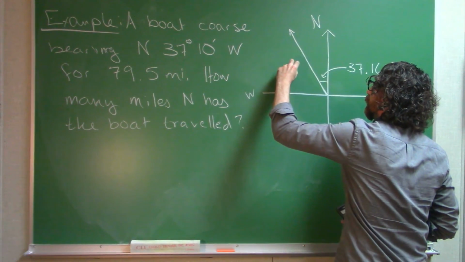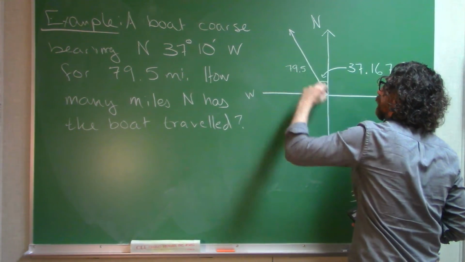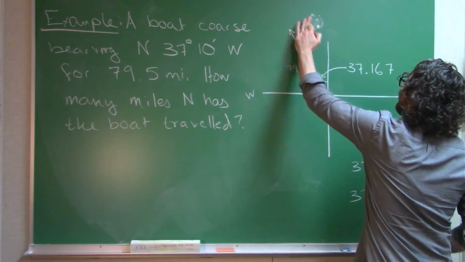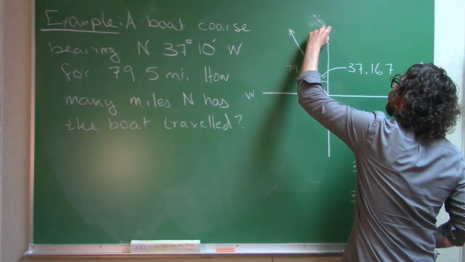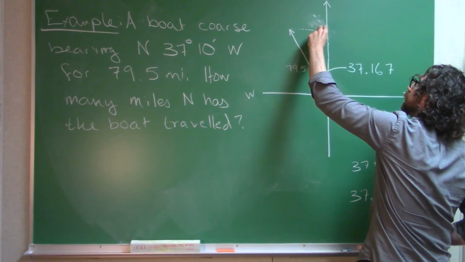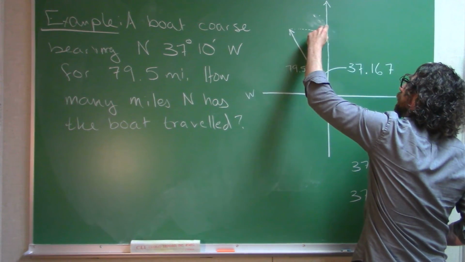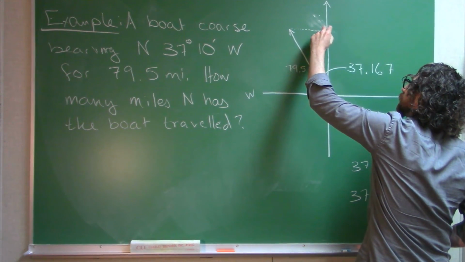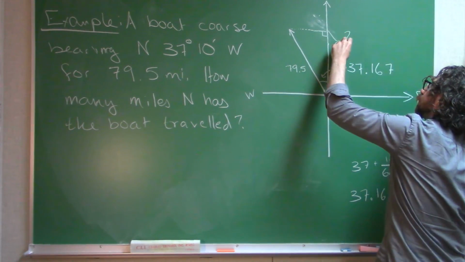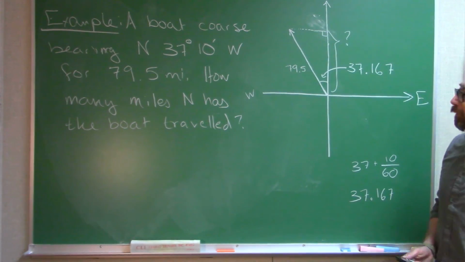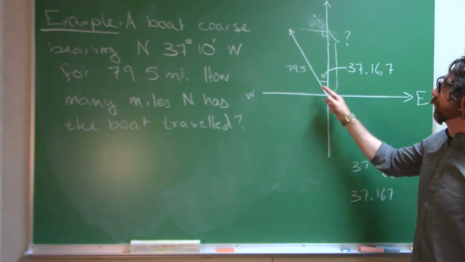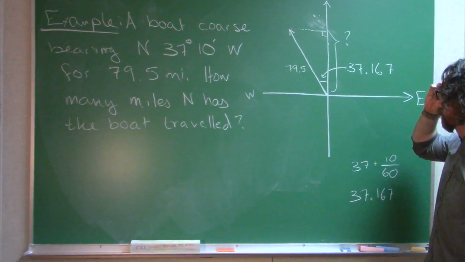Okay, now we know that this distance is 79.5 miles. Now, that's not quite what the question is asking, though, because this is not straight north. So we're going to imagine projecting onto the north axis like this. So the question we're trying to answer is, what is that distance? What's the displacement straight north if we go along this course?